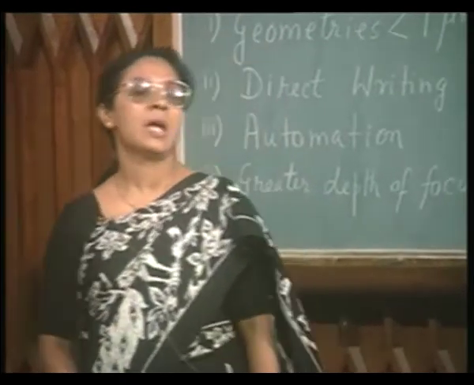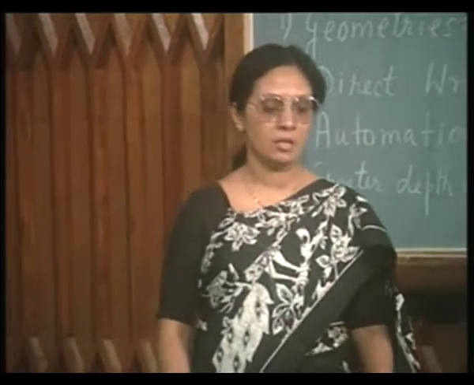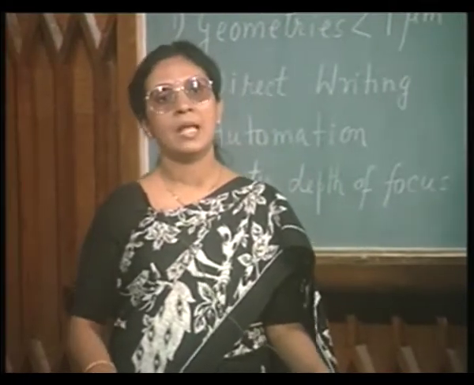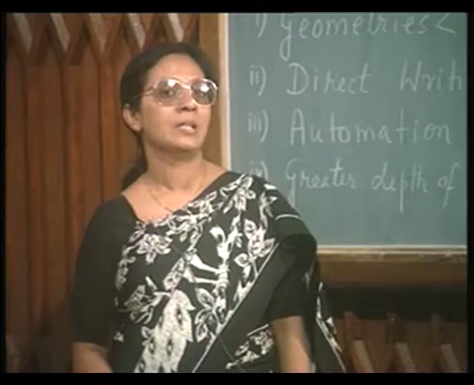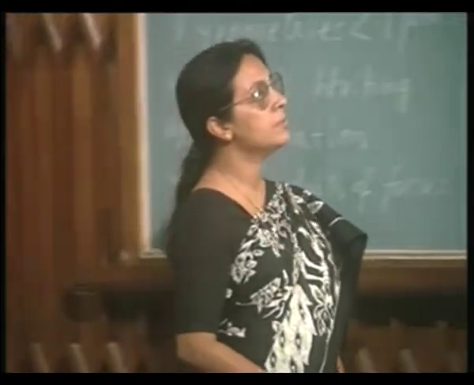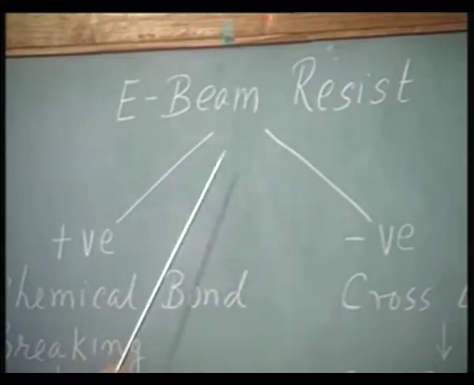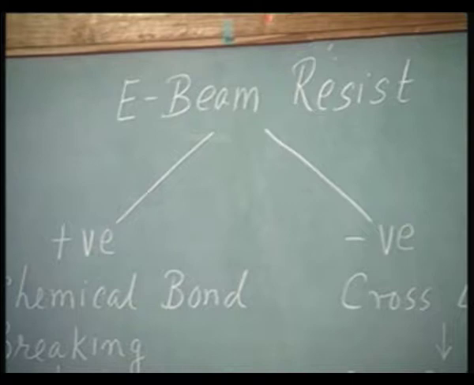First of all, now that we have understood how exactly E-beam lithography is taking place, let us take a look at the E-beam resist. What are the electron beam resists? As in case of optical lithography and photoresists, the E-beam resists can also be positive or negative, depending on whether they get softened or hardened on exposure.